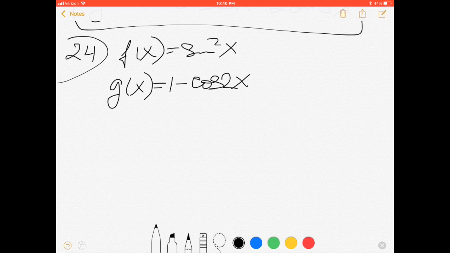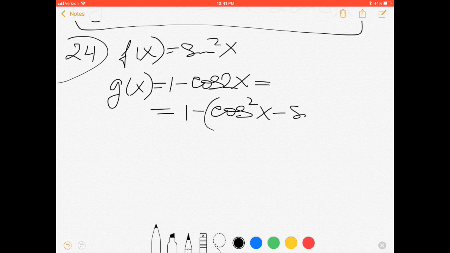Yes, we can write the Wronskian, but I think in this situation it is a little bit easier. Only remember some trigonometric identity, and here we have the second function simplified. You have 1 minus cosine square x.